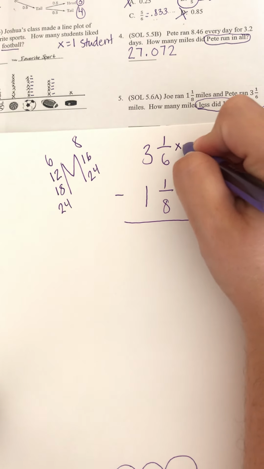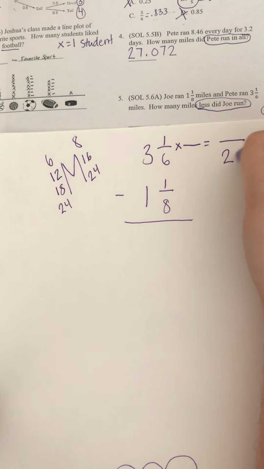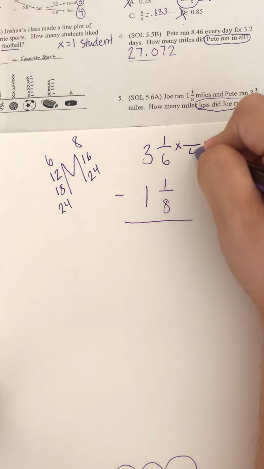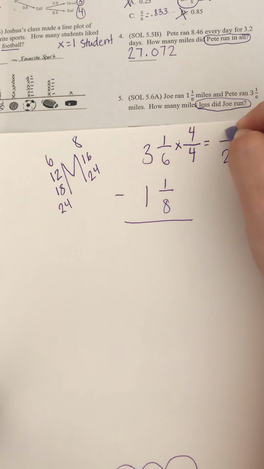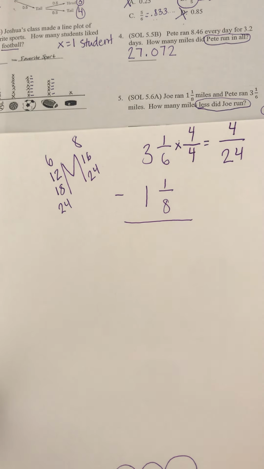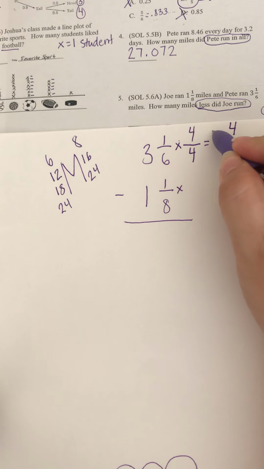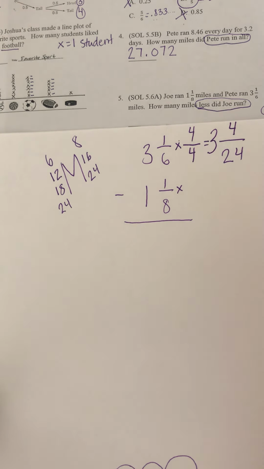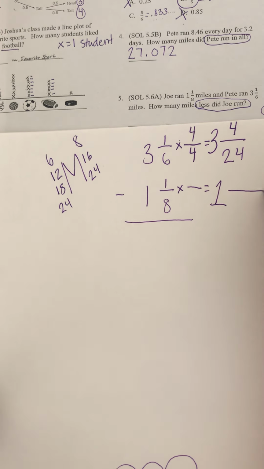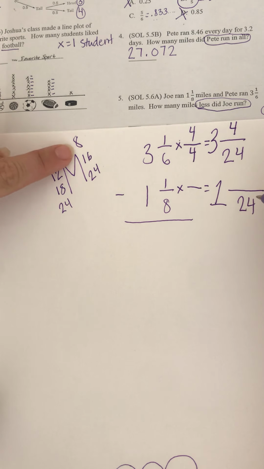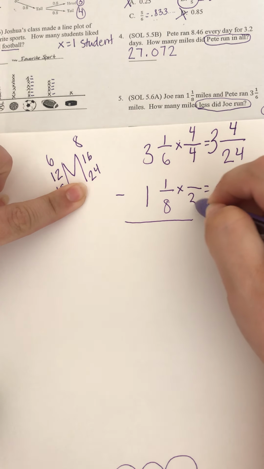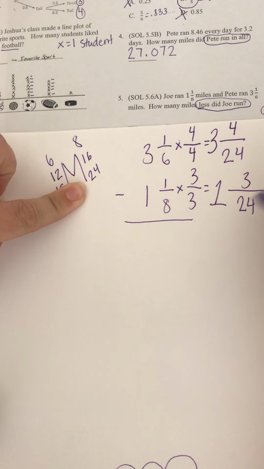So I'm just going to change it. So 6 times what gives me 24? It's 6 times 4. So then I need to do 1 times 4. And then I'm going to change this one. You can bring over your 3. And I'll bring over my 1. So 8 times what equals 24? Well, 8 times 3. So 1 times 3 is 3.